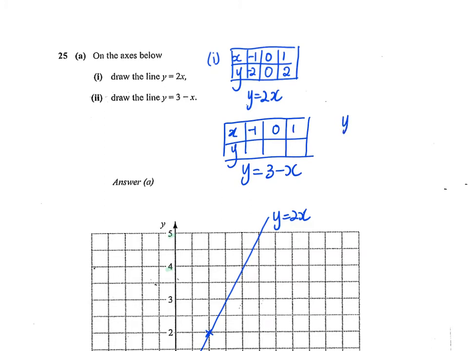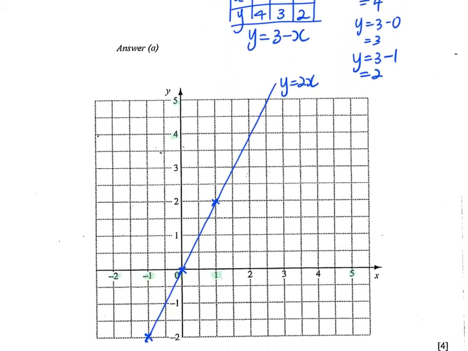So y equals 3 minus negative 1, that gives me 4. y equals 3 minus 0, that gives me 3. y equals 3 minus 1, that gives me 2. So negative 1, 4; 0, 3; 1, 2. So let's plot these points on our graph.